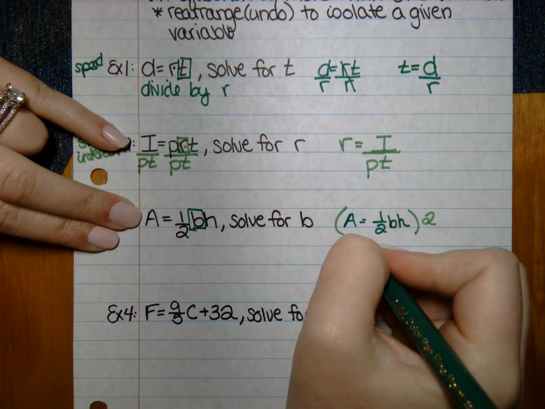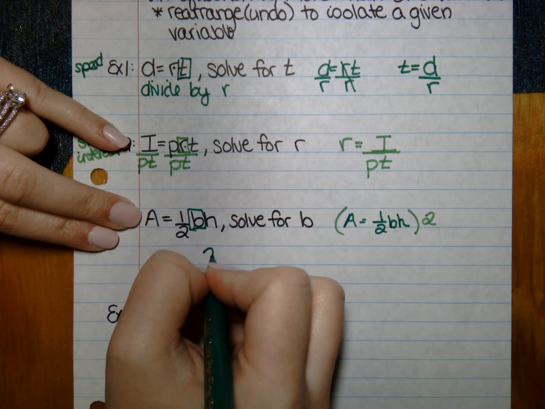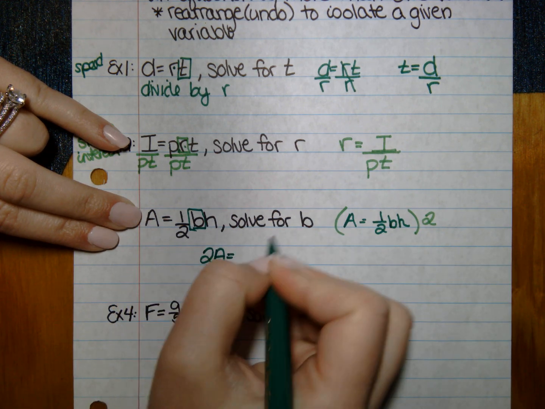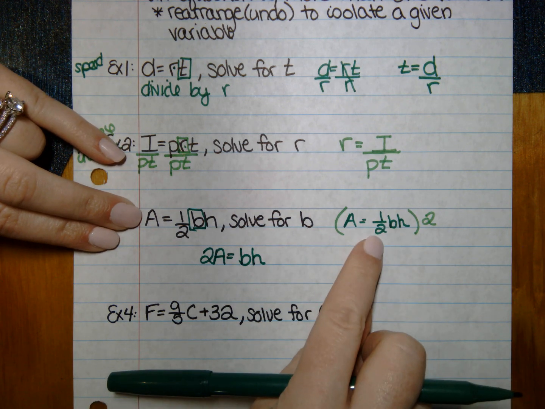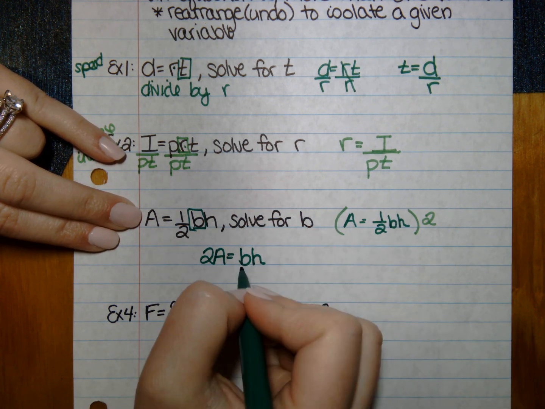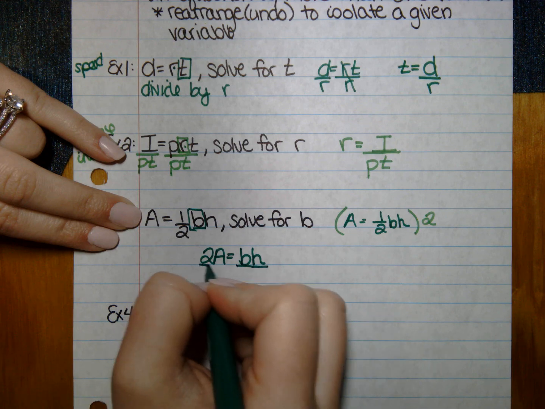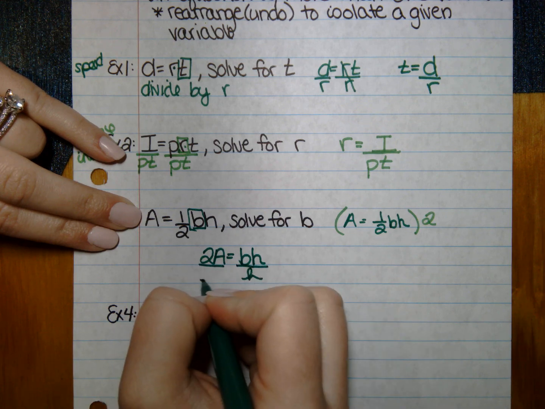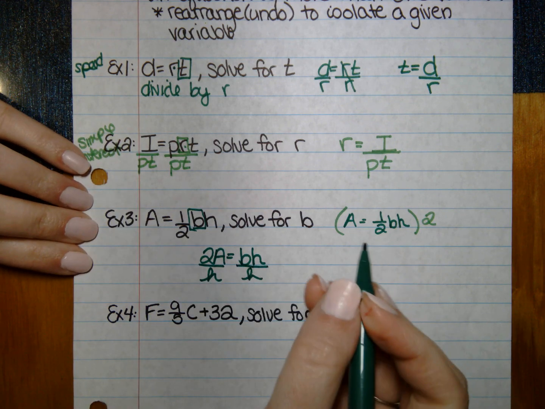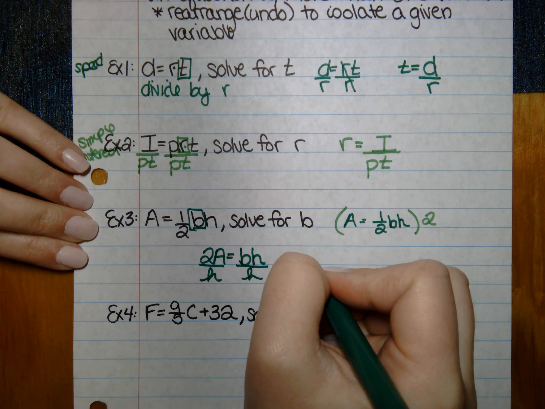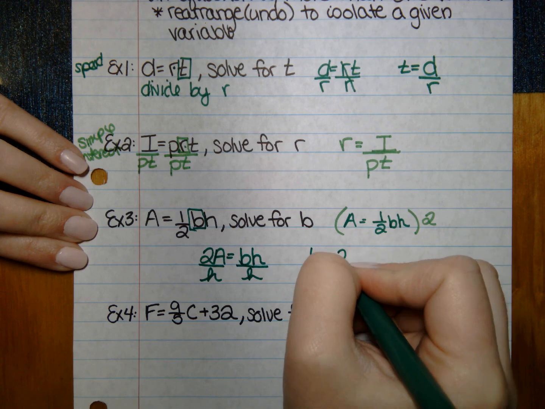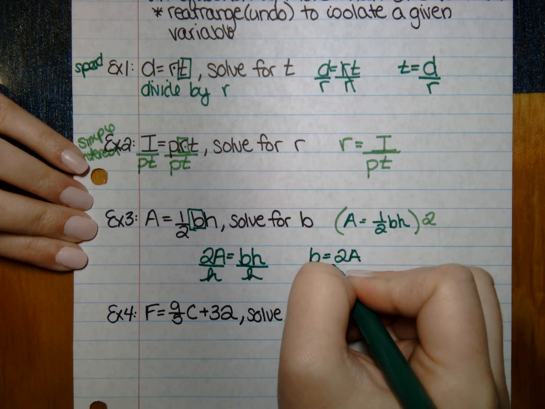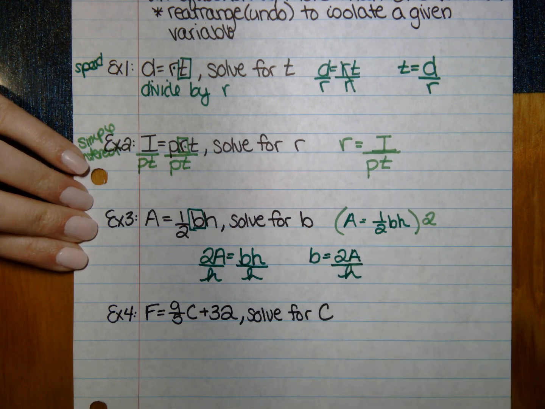So now I'm going to have 2a is equal to bh. So I've gotten rid of one piece. Now I still want to get b by itself, so I'm going to divide both sides by my h, or my height. So to find the base, I'm going to end up with 2a divided by h.